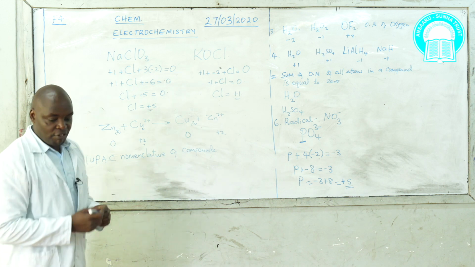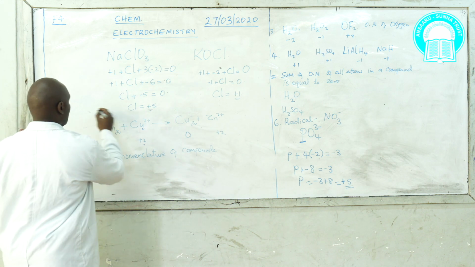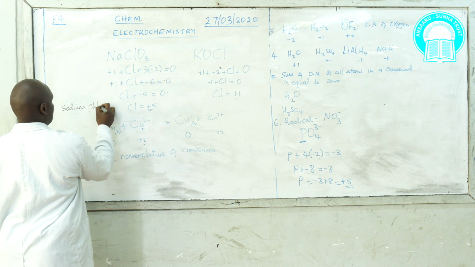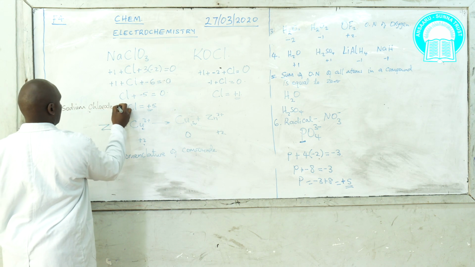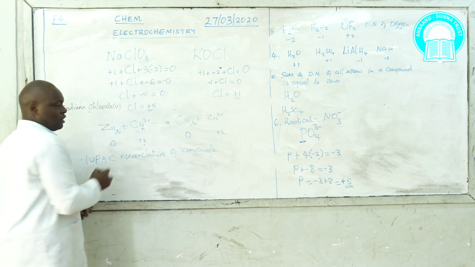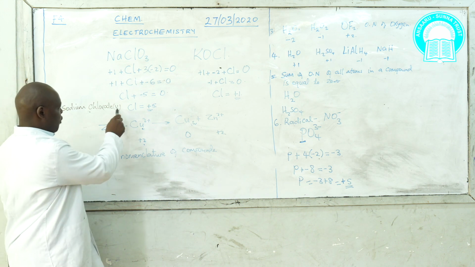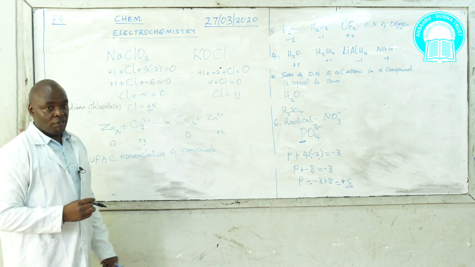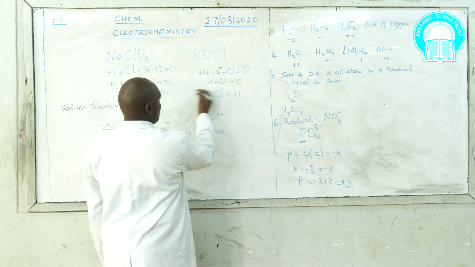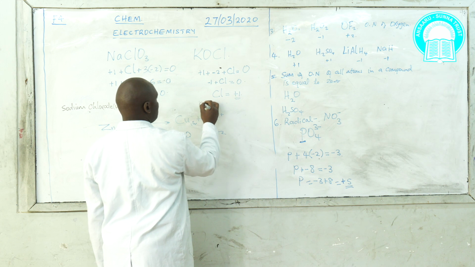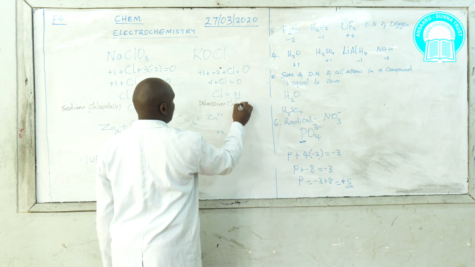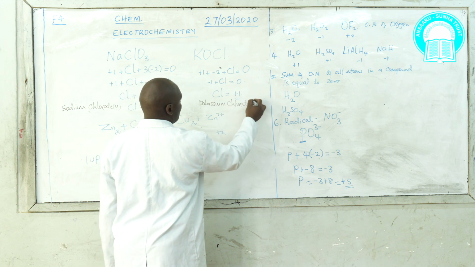The 5 shows that the oxidation number of chlorine is positive 5. This other one, we can call potassium chlorate 1.